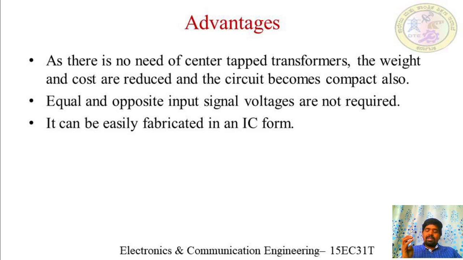So it is transformerless, not bulky, lightweight, and compact. And here we may not require equal and opposite input signals because we are using NPN and PNP transistors, so opposite signals are not required. Only a similar signal we are applying, but they conduct in opposite half cycles.